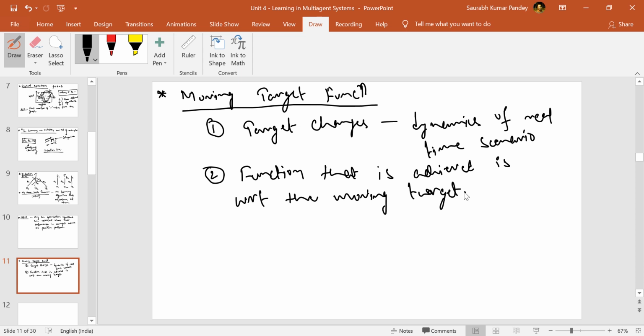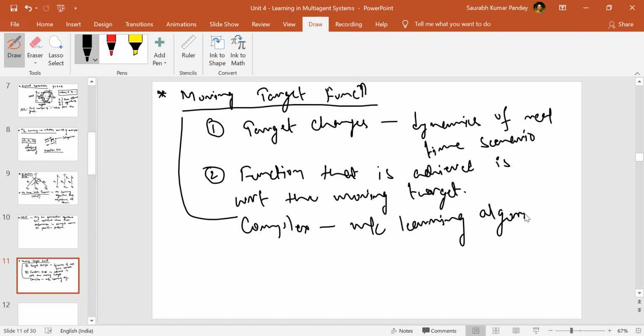So it is a very complex scenario, and when you want to implement a machine learning algorithm to handle this complexity, it is a very tedious task. And this is what we are trying to achieve in the current scenario, we want to map this complexity, that's why we are studying so much.